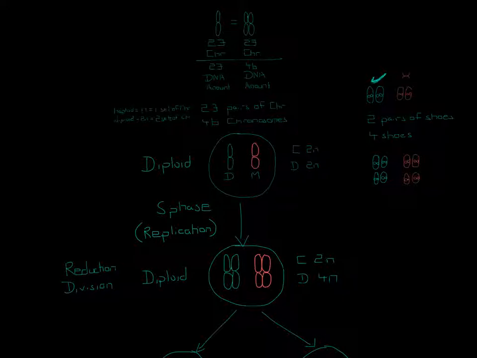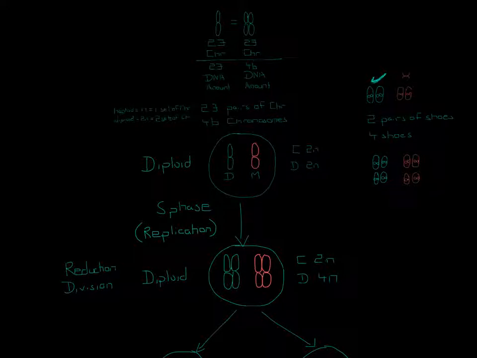Same thing over here, it's physically doubled from 4 to 8. And that's why it's 4N. You can just count it like 1, 2, 3, 4, 4N. But the amount of brands has stayed the same, so 2N. That's why I want to keep emphasizing that point, that the number of brands hasn't changed. The number of chromosomes hasn't changed.